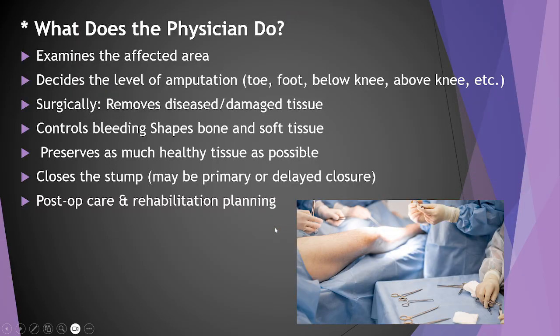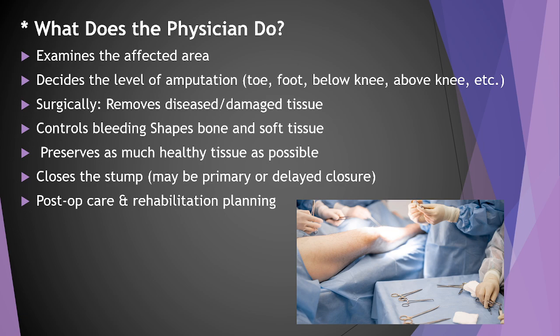Okay. Now, what will the physician do in the amputation procedure? First of all, he will evaluate the area. He will examine the affected area. After examination of the affected area, he will decide which level of amputation will be there. Like he will identify the foot region, below knee, above knee, toe, or the hand. He will see and decide the level of amputation. And after that, he will surgically remove the diseased or the damaged tissue.